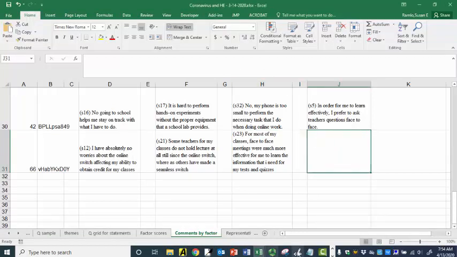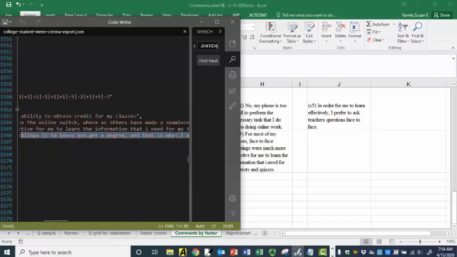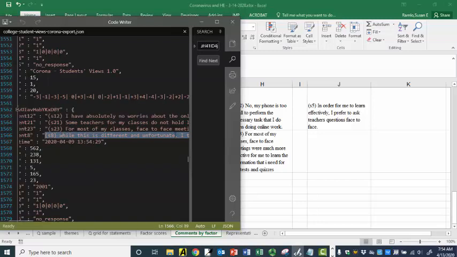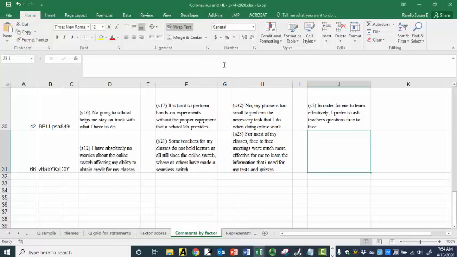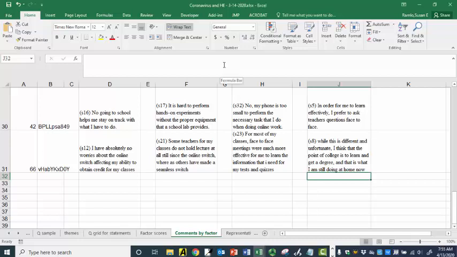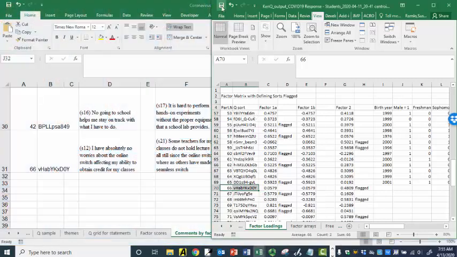I'm not copying and pasting every statement, but I'm looking for some exemplars. If I was going to do this again, I think that I would actually look for some defining comments first. It's a little harder because I have so many participants in this particular study, far more than I usually have. And of course it's always good to save often, save all the time.